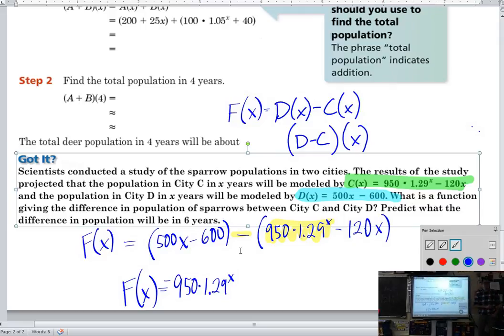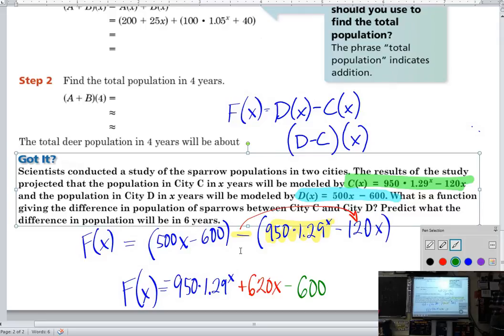Then if we think about combining our x values, when this distributes, that x value actually becomes positive. So we end up with positive 620x. And then our constant portion stays negative.